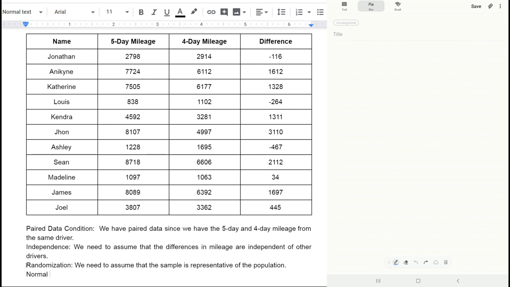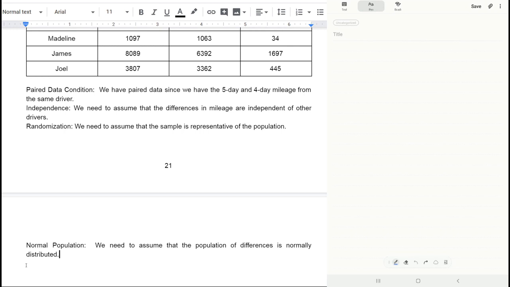And the other assumption is the normal population assumption. We need to assume that the population of differences is normally distributed. To check for this assumption, we'll look for the nearly normal condition.